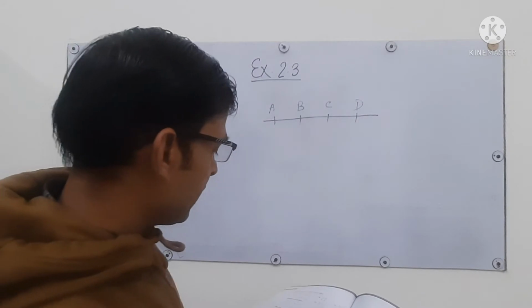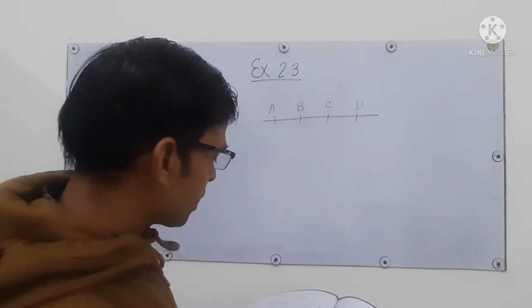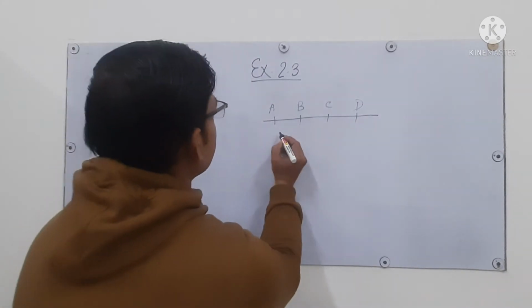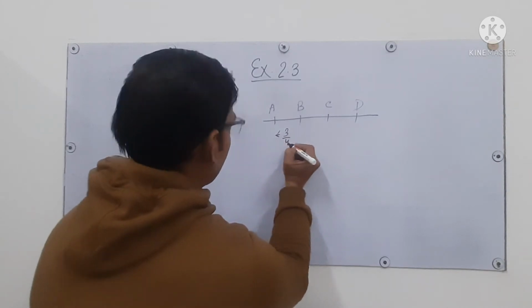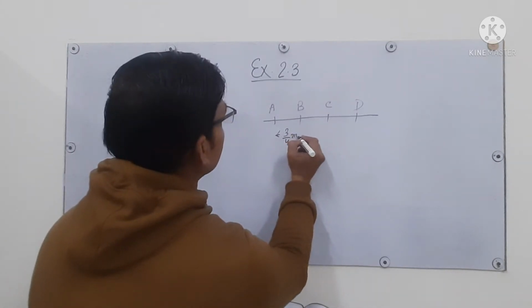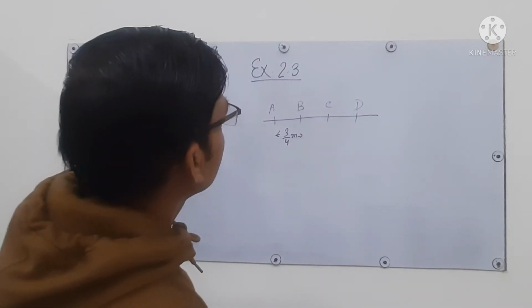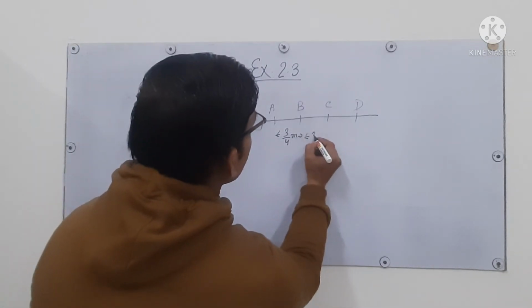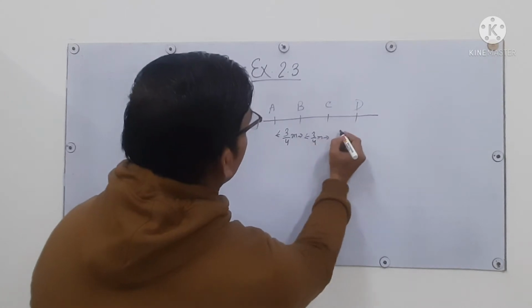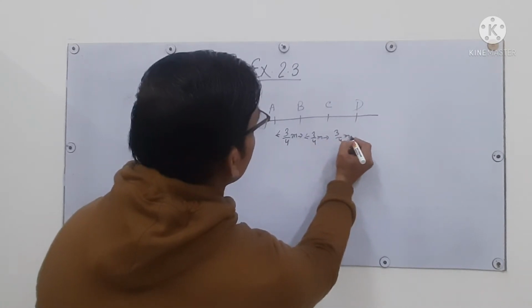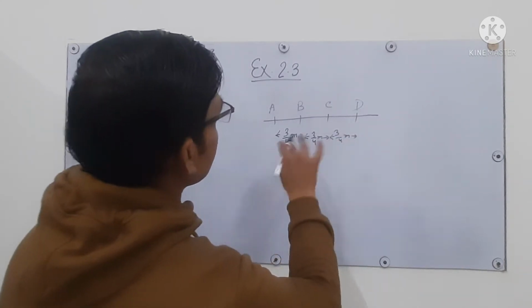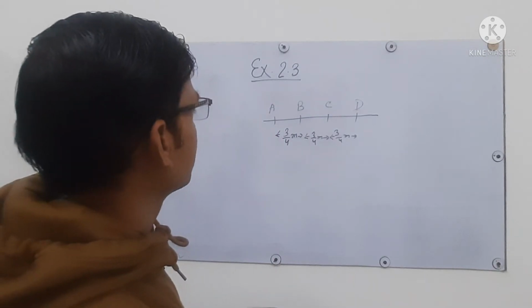Okay, and here it is given distance between two adjacent saplings is 3/4 meter. That is, all the distance between two adjacent will be 3/4. So here it will be also 3/4, and here it will be also 3/4, because she has just planted 4 saplings.